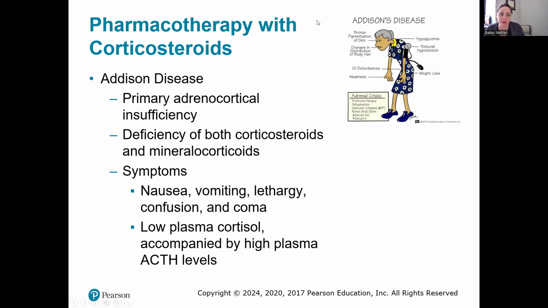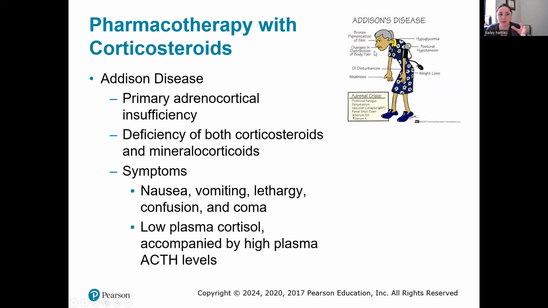So this is like a little picture. Addison's, and we'll get to the opposite of Addison's, is very hard to remember. So try to remember this picture, okay? We've got hypoglycemia, postural hypotension, weight loss, so we're skinny, okay? Addison's patients are very skinny. Weakness, GI disturbances, and changes in the distribution of body hair.